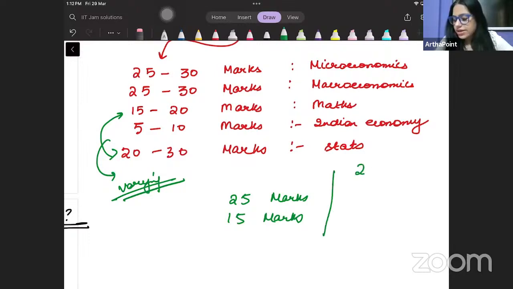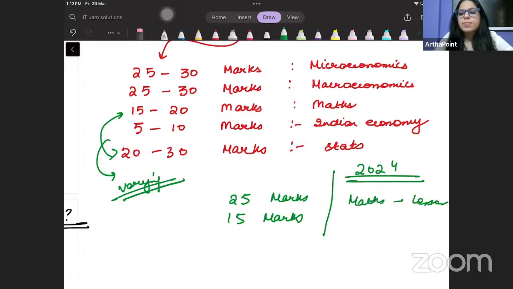But if you look into the latest paper of 2024, you will notice that maths was for lesser marks as compared to the previous year. So this is an approximation. ये एक approximate estimate है कि कितने marks का कितना आता है.